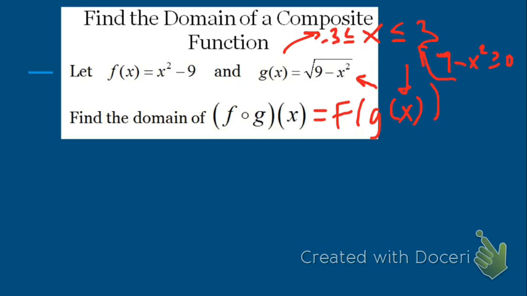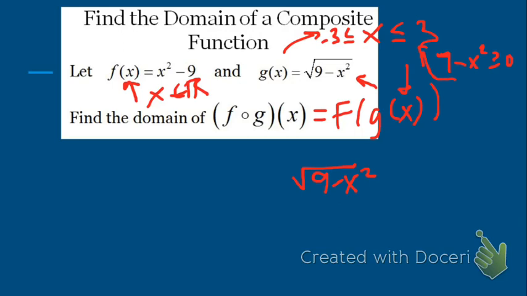Now what comes out of g of x is the range of g of x, root 9 minus x squared, and you have to make sure that this can be taken on by f of x. Luckily, in this case, f of x has a domain of all real numbers.